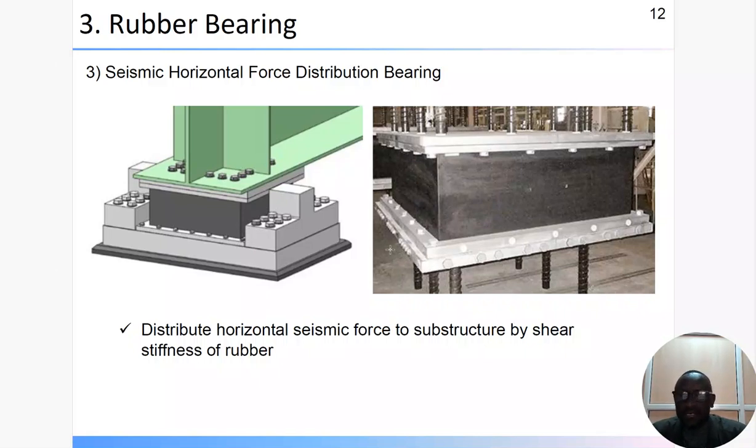So okay, distribute horizontal seismic force to substructure by shear stiffness of rubber. This is now what we are. What is that shear stiffness? Is what the question Gonza asked yesterday. How do we use that? And in our models, when you are doing models of bridges, and this actually here is the substructure or the abutment itself or pier support system.